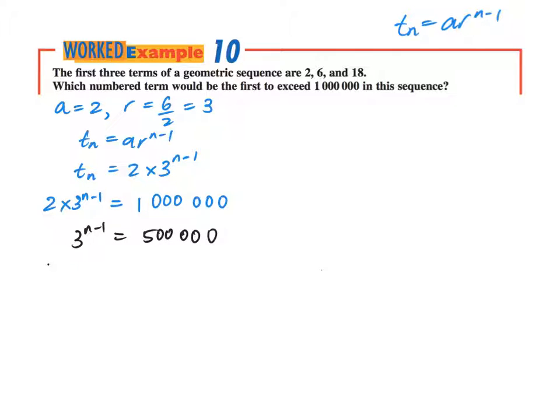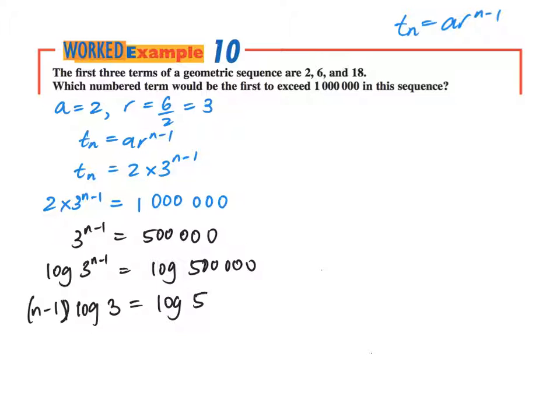So if we go ahead and log both sides, what will happen is n minus 1 will actually come out the front, and we'll still be left with log 3. This here remains unchanged.